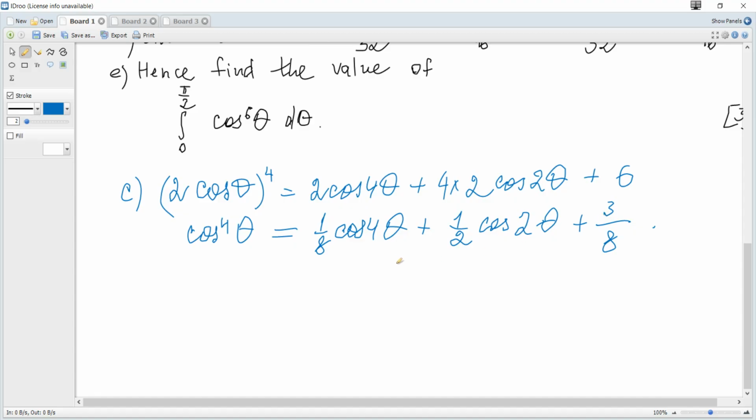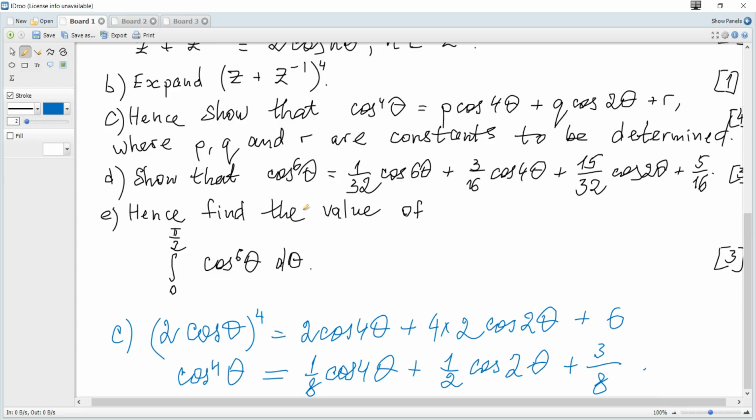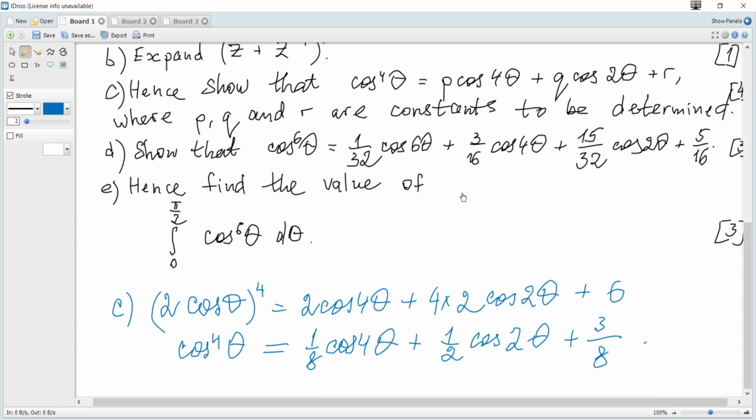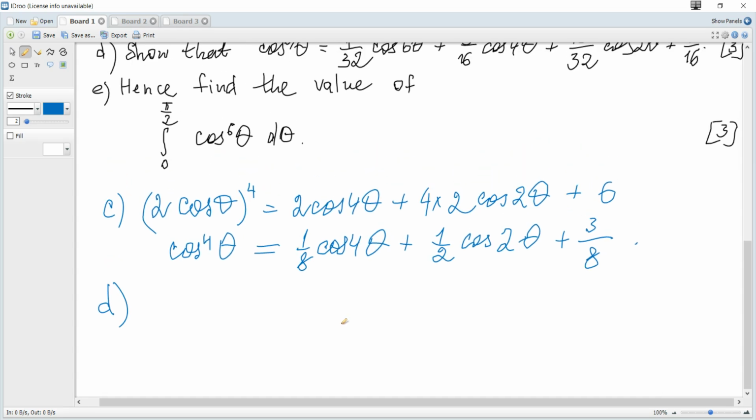Let's check. Correct. Then part D: show that cosine to the power of 6 is equal to this. So let's do the same, but for the power of 6.